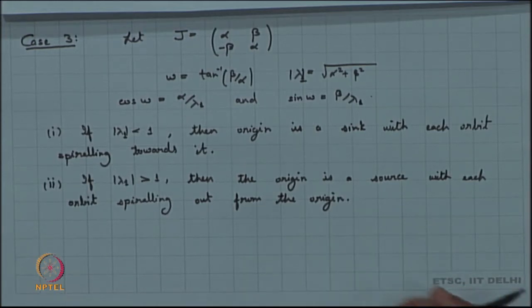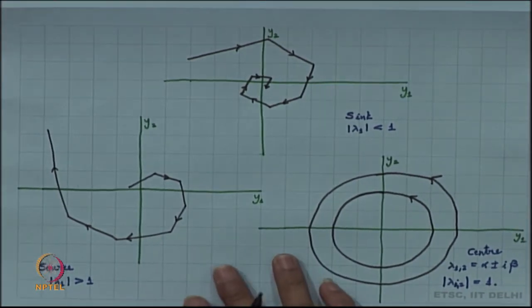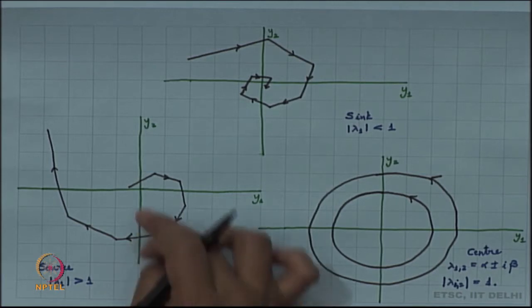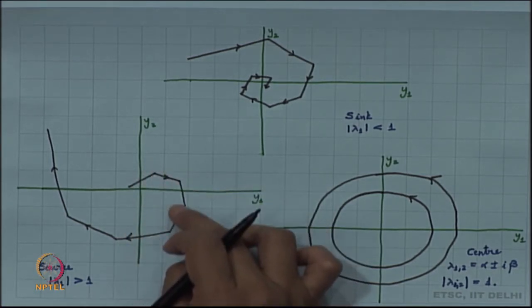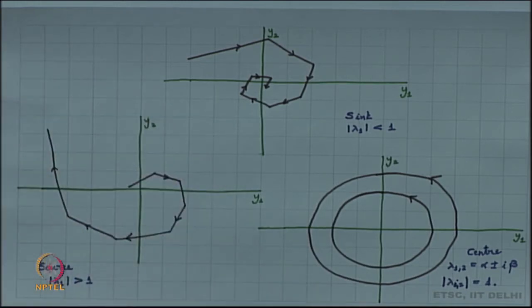So, this is what happens to our source. Let us look into this picture here once again. We have this particular source when mod lambda is greater than 1. Any nearby orbit is going to spiral around the origin, and then it is going to move apart. So, the origin tends to be something like a source.